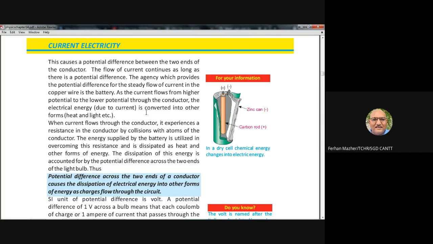Because that's the rule of nature, that bodies in the gravitational field will move from a point where the gravitational potential energy is higher to that point where the gravitational potential energy is lower. So that will go downward. So in the gravitational field, the objects move from a point where the gravitational potential energy is higher to a point where it is lower.